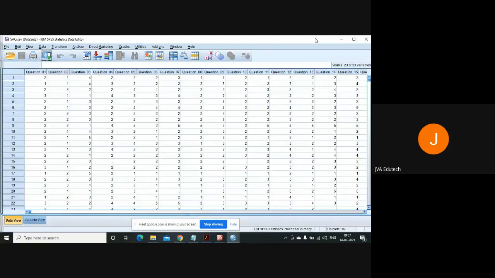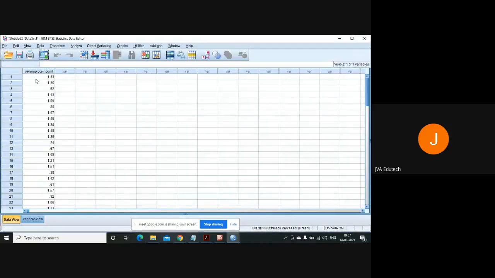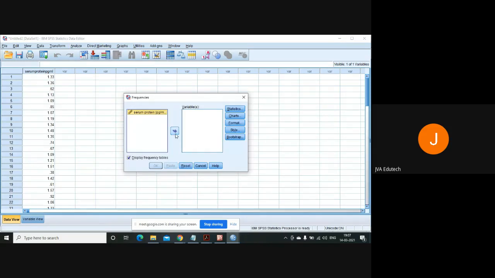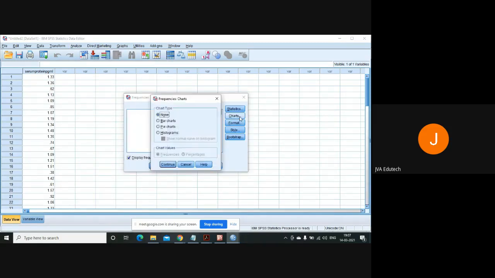Now, second graphical method that we have, the best one, is the histogram. For histogram, go to analyze, descriptive statistics, select frequencies, take this variable, click on charts, select histogram. The moment you select histogram, this option gets activated, show normal curve on the histogram.